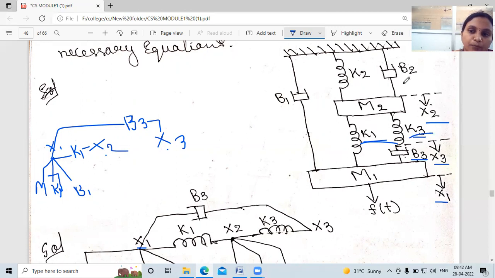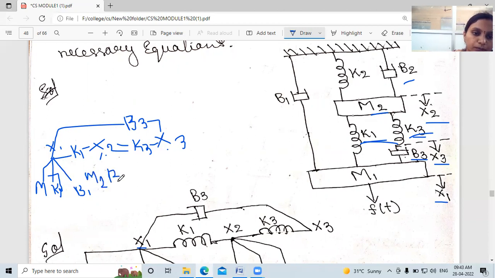K3 is connected, B2 is connected, M2 is connected. So K3 is between X2 and X3. So you should write here K3 between X2 and X3. And M2. One is M2 and one is B2.